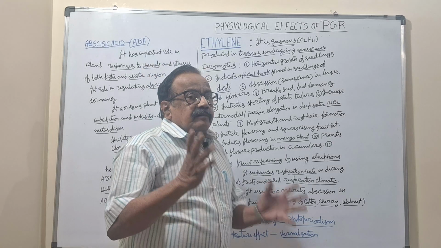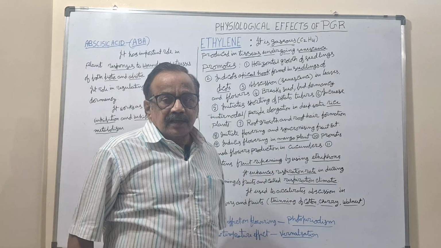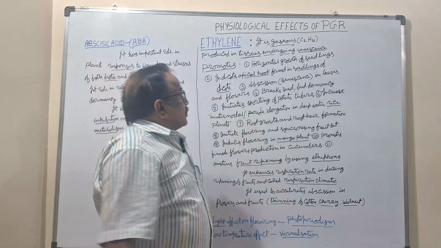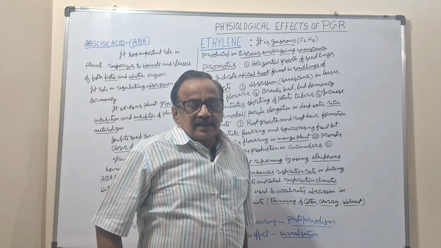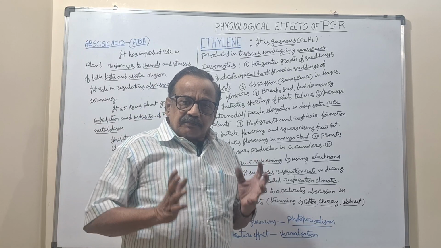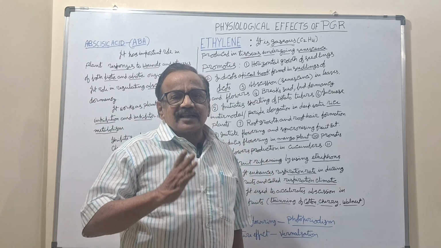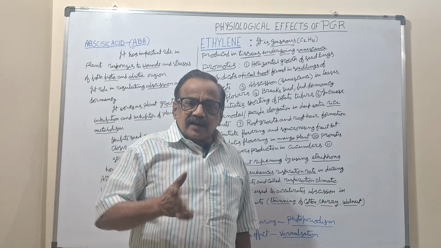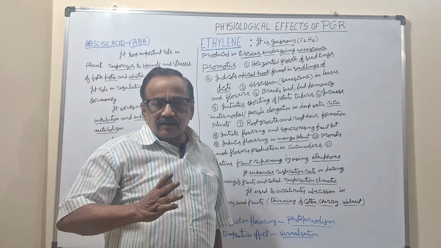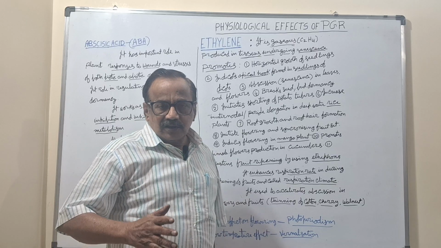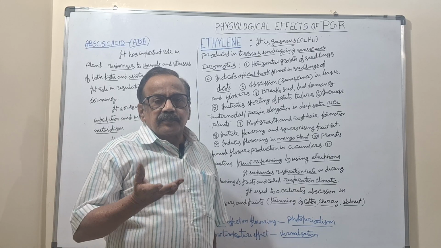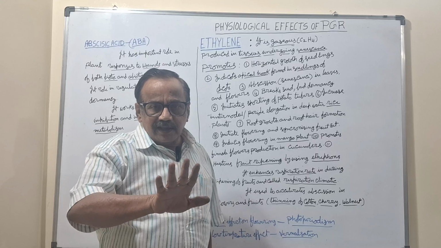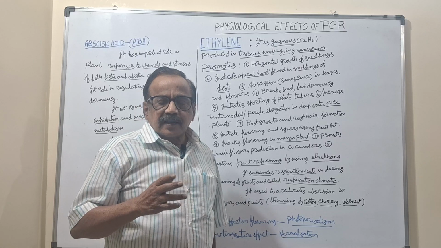And where will it be produced? First point: it will be produced in tissues undergoing senescence. First of all, you should have a proper idea about senescence. Senescence means the tissue is undergoing death, and then it will be produced. How, you may doubt.